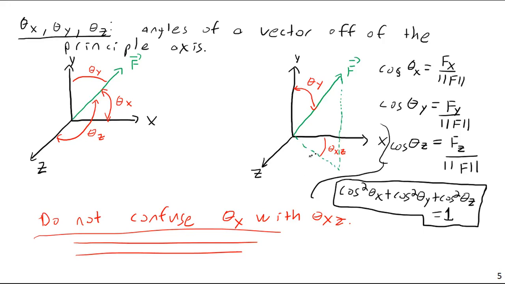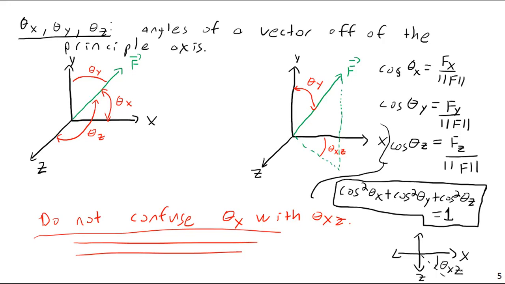So in other words, if I drew a 2D xz axis, we would have the projection of the force here, and this would be theta xz.